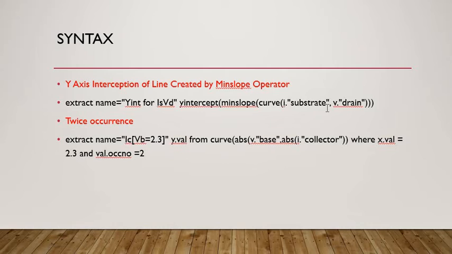Okay, so the curve is there, and then you want some minimum slope in that. So minimum slope in the curve of I substrate and V drain. You know that the minimum slope is dV drain upon dI substrate. Okay, you are differentiating that, and you get the minimum slope.